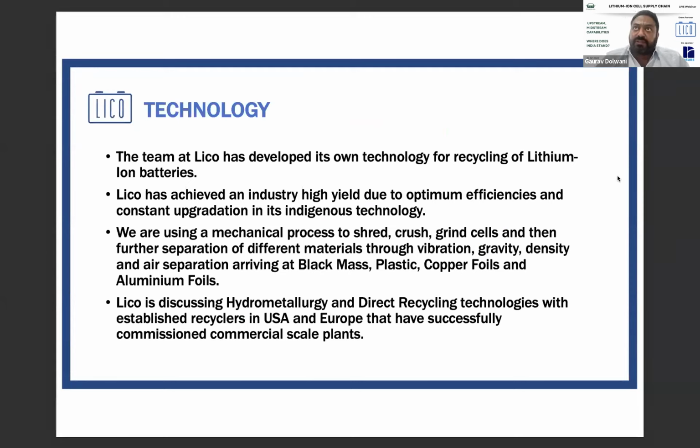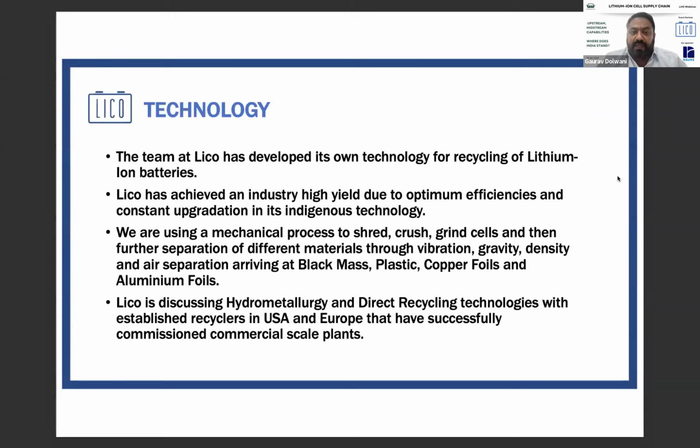There is a pre-process where we discharge cells in a solution so that we reduce the voltage completely before they go into the mechanical process, so that we avoid any kind of fires. If we are talking about electric vehicle batteries or high voltage batteries, we do an electrical discharge before we do a deep discharge.